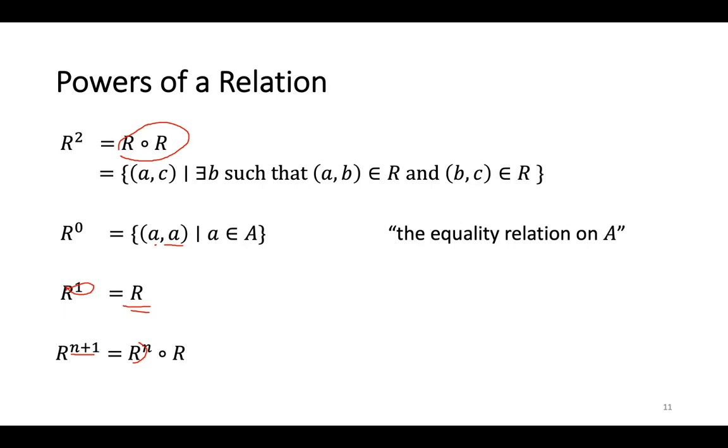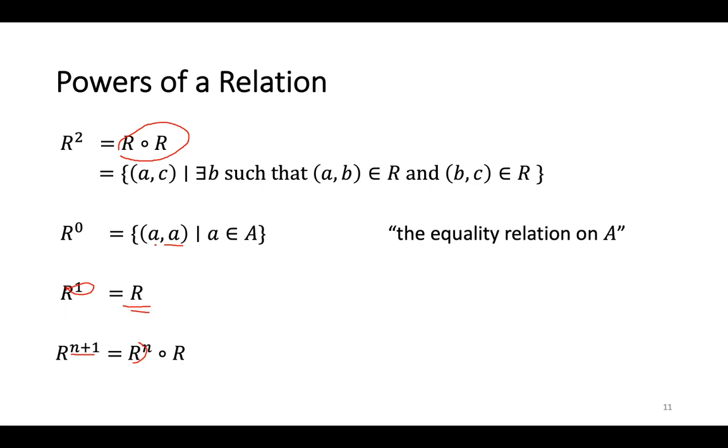it is about the equality relation on A. So any element in A, that will be small a, we can say this pair of small a and another small a. So this is about equality.